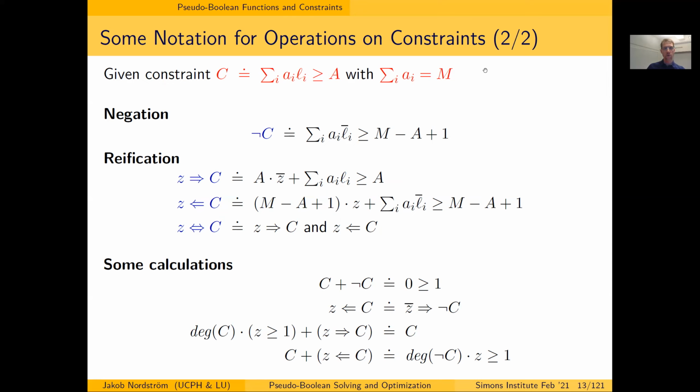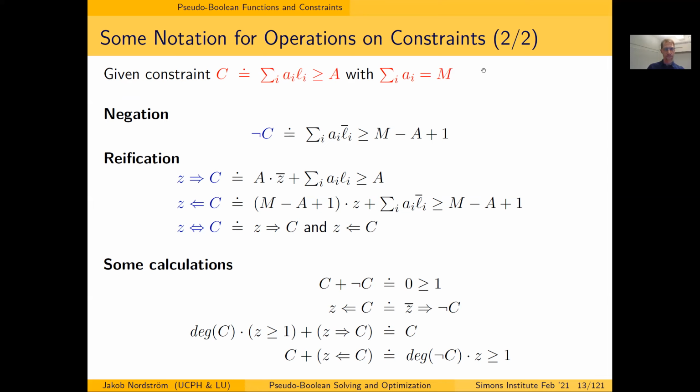I can also have so-called reified constraints where I have a new variable z, and I can write down constraints saying, for instance, that if z is true, then the constraint C holds. And this would, if you think about it, be the constraint capital A times not z plus the sum of a_i l_i greater or equal to A, where A is the degree of falsity.